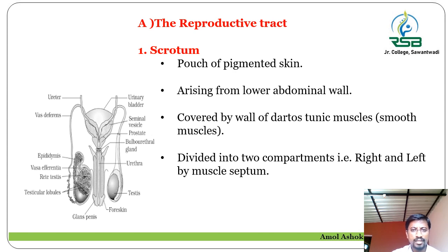So the first part in the reproductive tract is the scrotum, and the characteristic of this scrotum is that it is a pouch of pigmented skin which arises from the lower abdominal wall. This pouch which covers the testes is covered by the wall of dartos tunic muscles, which are a type of smooth muscles.